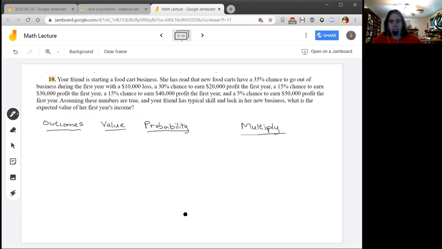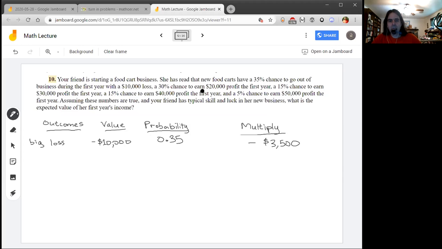So there's a 35% chance that we have a big loss and go out of business. And it says the number for that is minus 10,000. So if I multiply those, that's an expected value of losing 3,500.